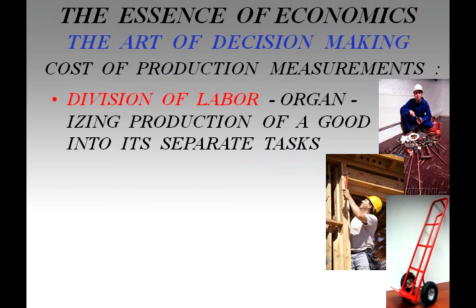For the moving company to experience increasing marginal returns as a result of adding to its labor force, it first applied what we call division of labor, organizing production of a good into its separate tasks. What they were producing, in the early stages, was moving boxes and light furniture.